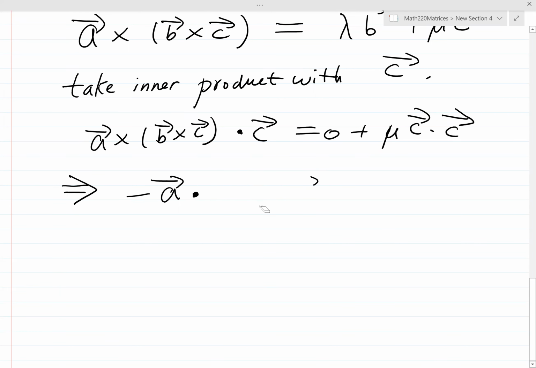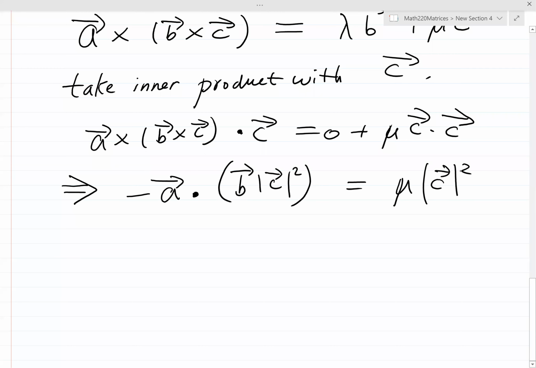We got B times C norm squared. This is mu C norm squared. So finally we got mu is negative A dot B.